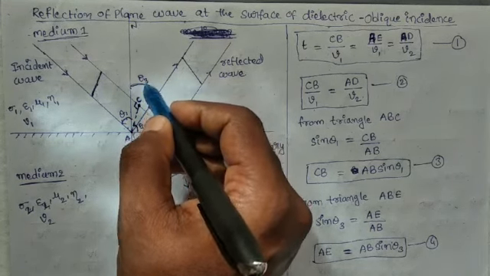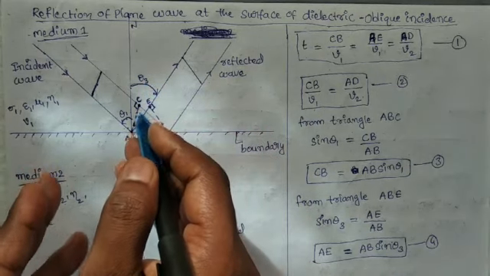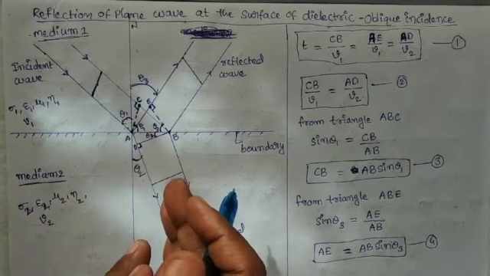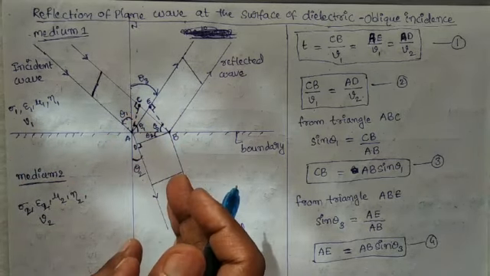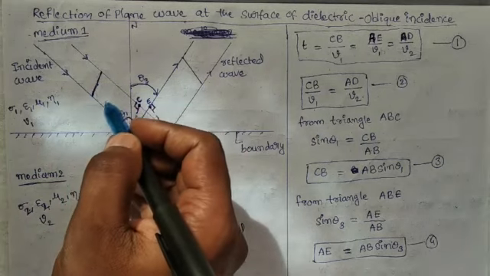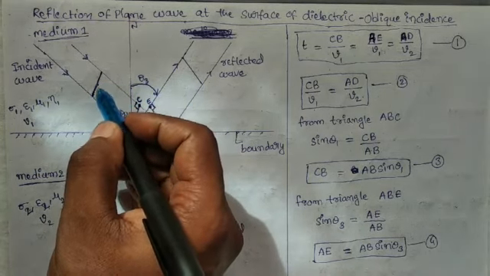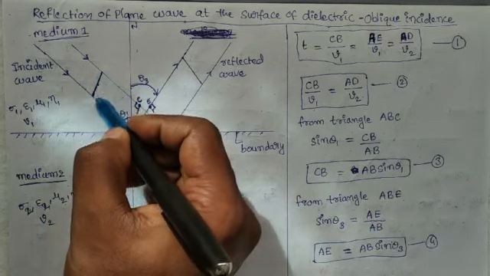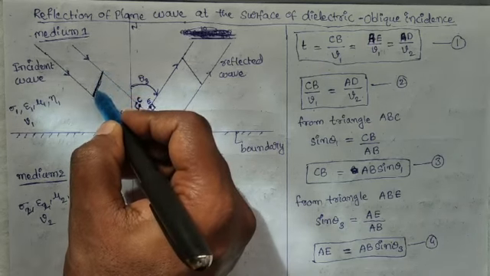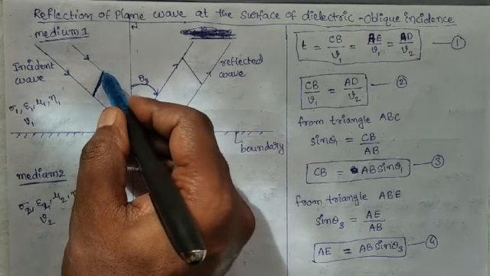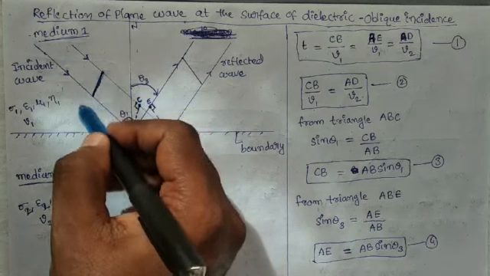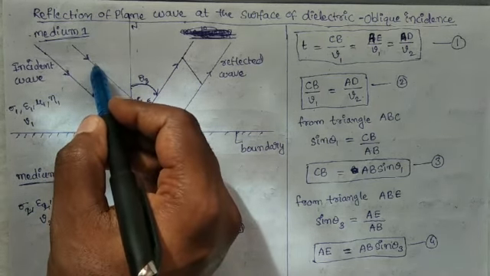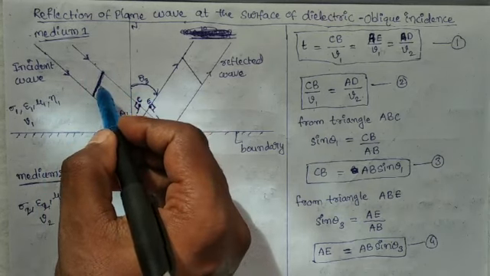Now we are observing the incident wavefront, reflected wavefront, and transmitted wavefront. The incident wavefront is the bunch of incident rays. Here this is our incident wavefront. The bunch of incident rays is called the incident wavefront.